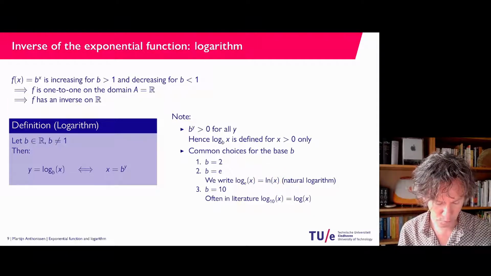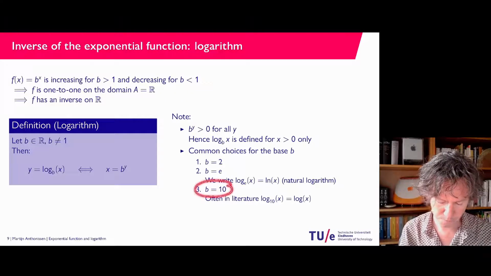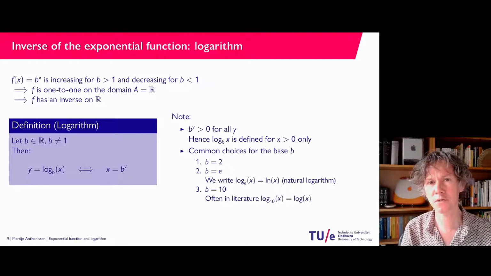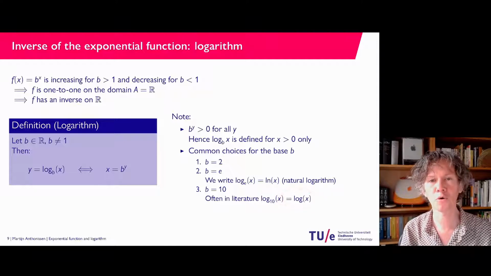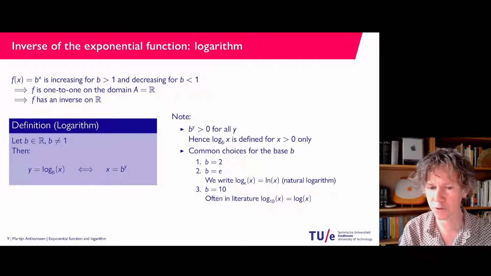And also you see b equals 10, and often in technical literature people simply drop the 10 and simply write logarithm of x, and then very often they mean the 10 log, but it's a bit unclear because sometimes in textbooks it's also used for the natural logarithm.